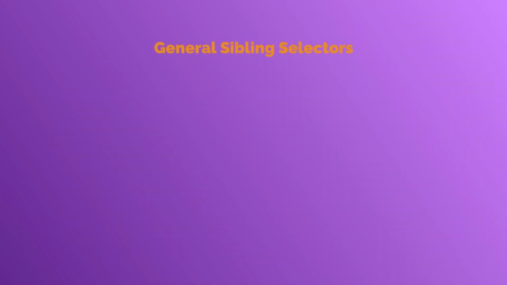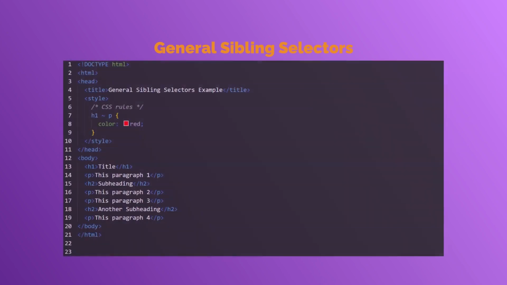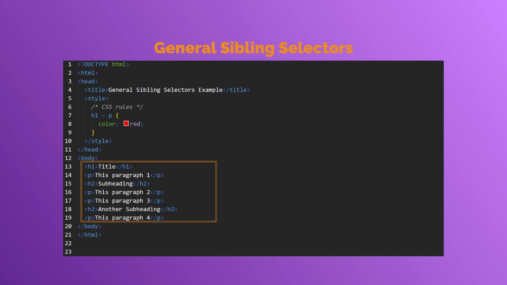General sibling selectors. The general sibling selector allows us to target all elements preceded by a specific sibling element. Let's explore an example. In this example, we have an HTML page that contains an H1 tag heading, several H2 tags headings, and P tags paragraphs. The goal is to style all paragraphs that come after the H1 tag heading using the general sibling selector.